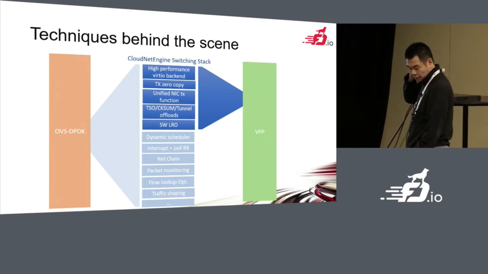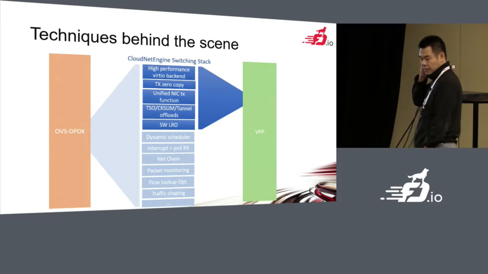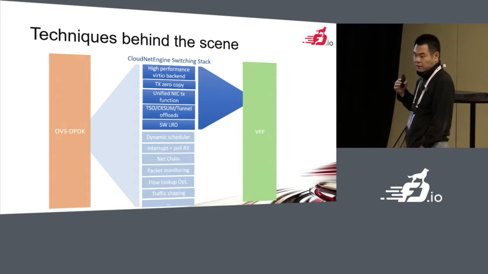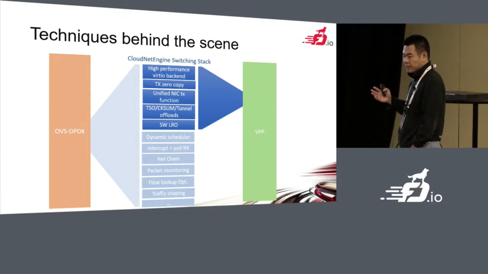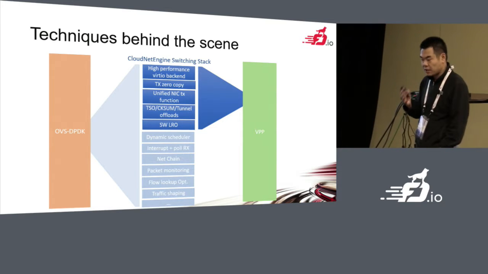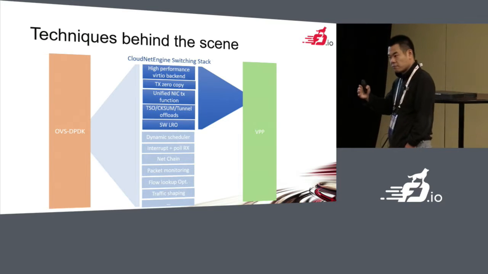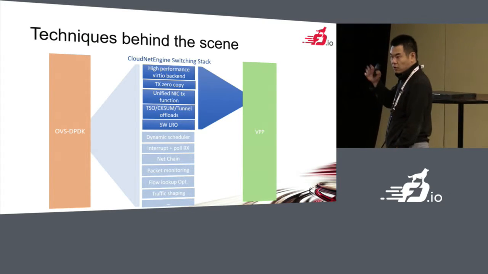The most complex thing about zero copy is that right now in VPP or DPDK, there is no comprehensive packet completion mechanism. Most packets just run in run-to-completion mode.